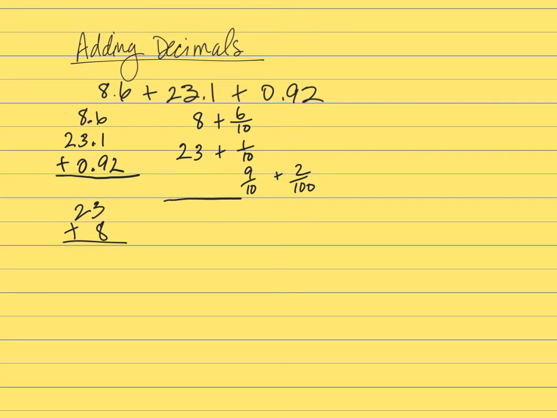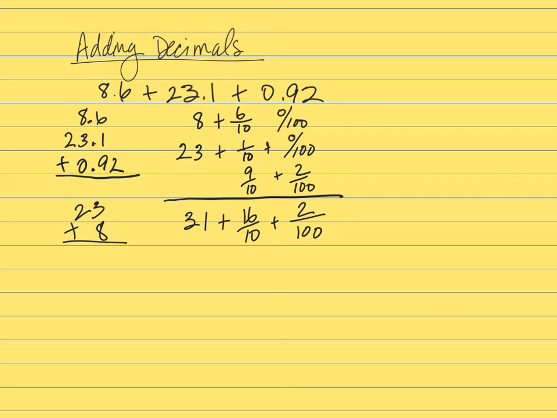So if we take that in context, there are 0 1/100 here and 0 1/100 here. So 0 plus 0 plus 2 is 2 1/100. Okay. And now we've got 6/10 plus 1/10 plus 9/10, which is 16/10, right? And then we've got 8 plus 23, which is 31. But 16/10, we're not going to leave that as 16/10.